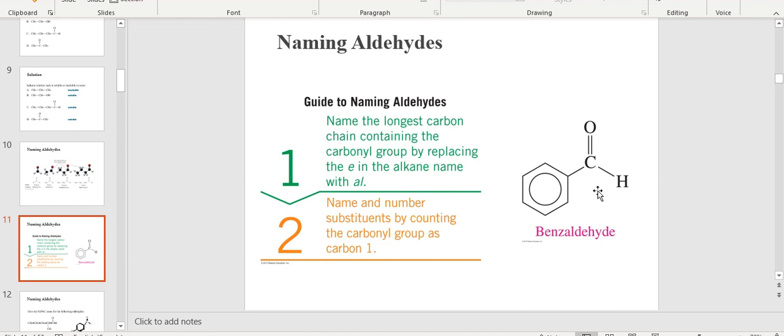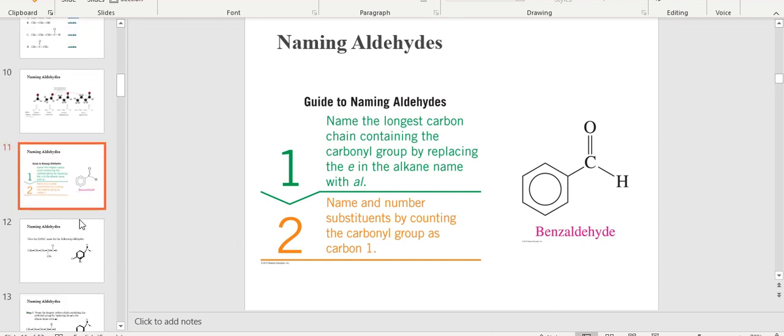Well, if you had a choice between the benzene having the root, or the alcohol, or the aldehyde, or the carboxylic acid, that one there would have the root. So in this case here, benzaldehyde.